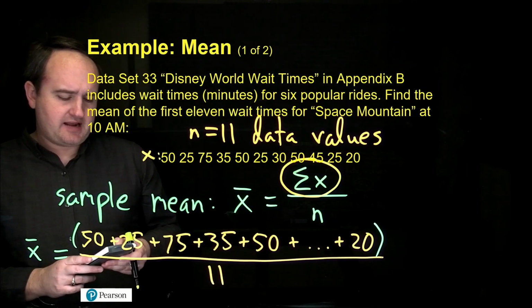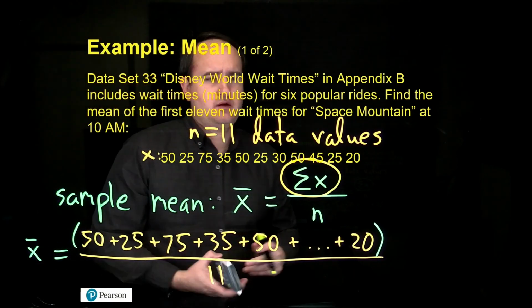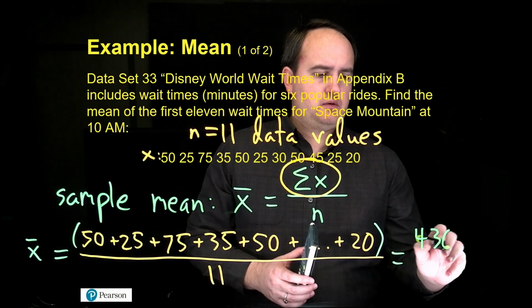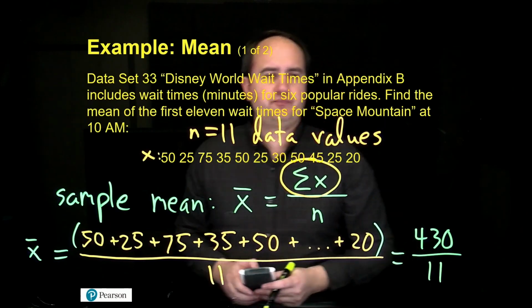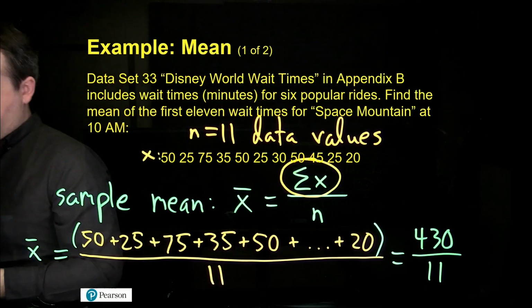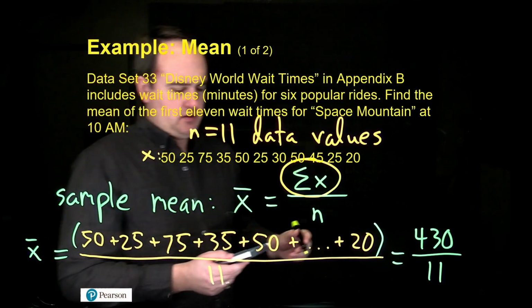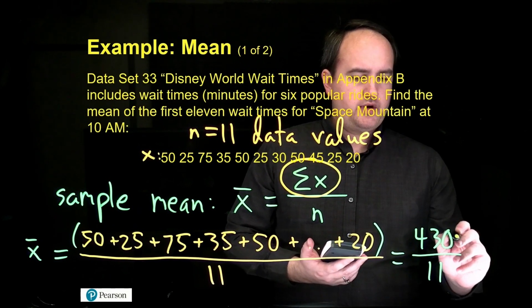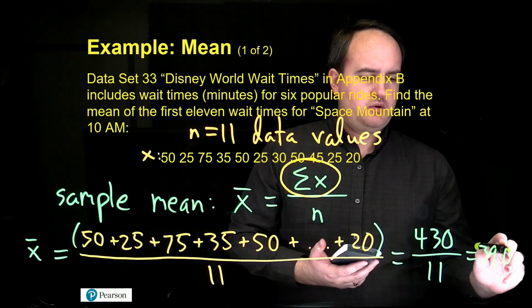So when I add up all those numbers, that will give me 430 in the numerator. So we have 430 over 11. And that's 430 divided by 11 on my calculator, which is 39.09.